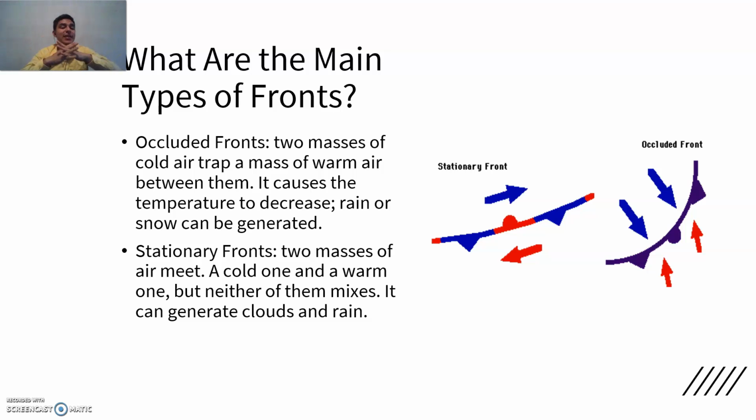But instead of mixing, they're just going to be passing among each other, one next to the other. Since they are not mixing, extreme conditions or very tough weather variations are not going to be generated in there. But some clouds and rain can appear.